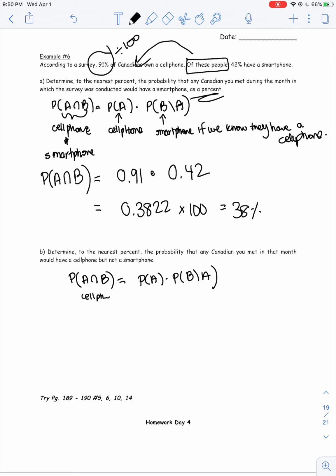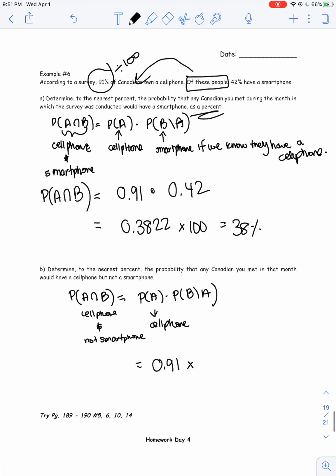So they want cell phone and not smartphone. Okay, so the first probability is still cell phone. So that doesn't change. Our previous number is going to be the same. It's still 0.91.